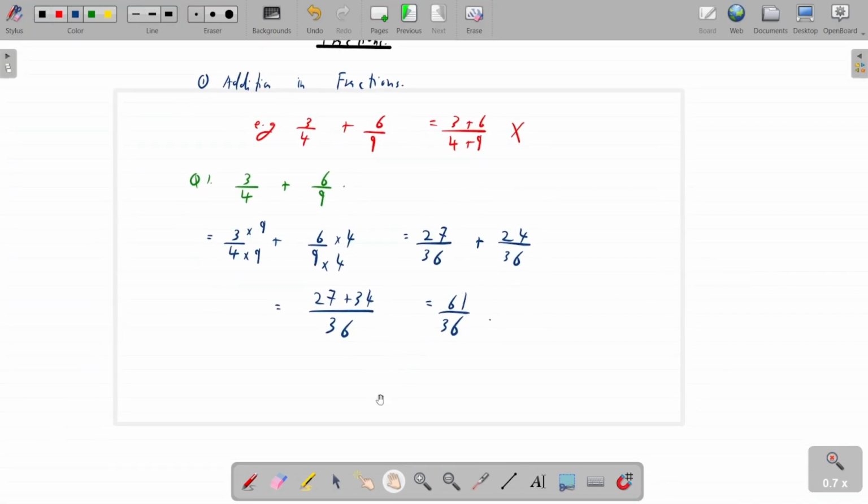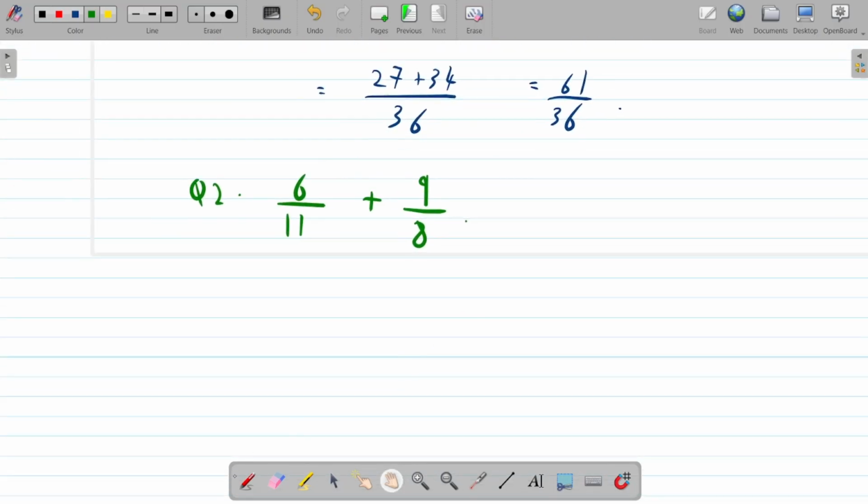Okay, I'll give you one question, then we can end. Last one, question number 2. Let's say 6 divided by 11 plus 9 divided by 8. Okay, do this one, then tell me. First, explain to me. Okay, what are the steps for this? Okay, times 8 separately, and then?